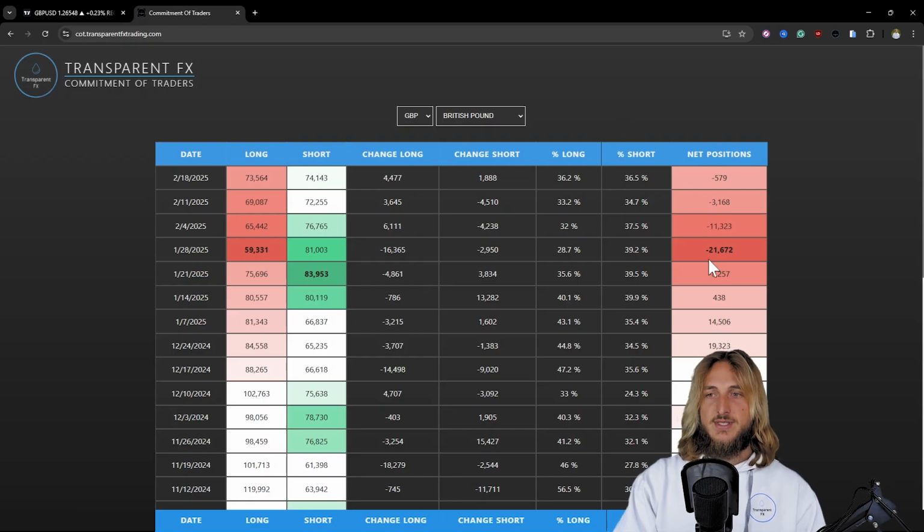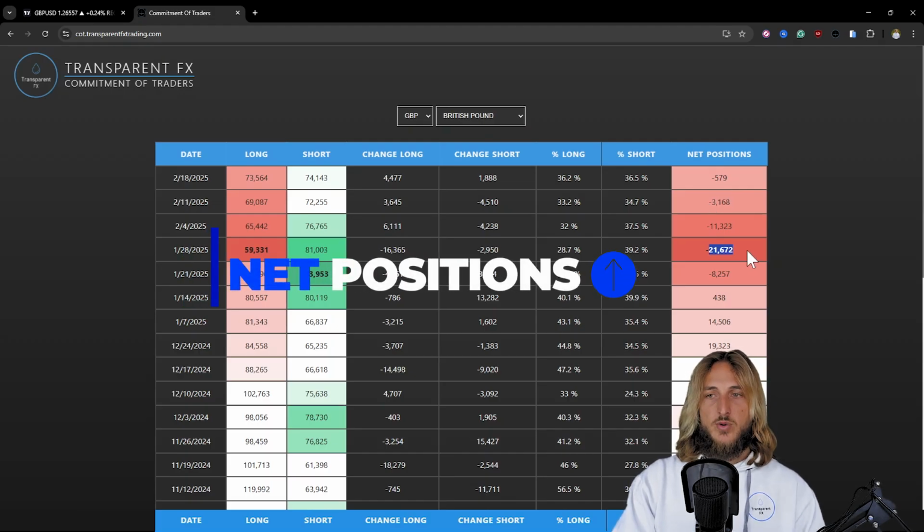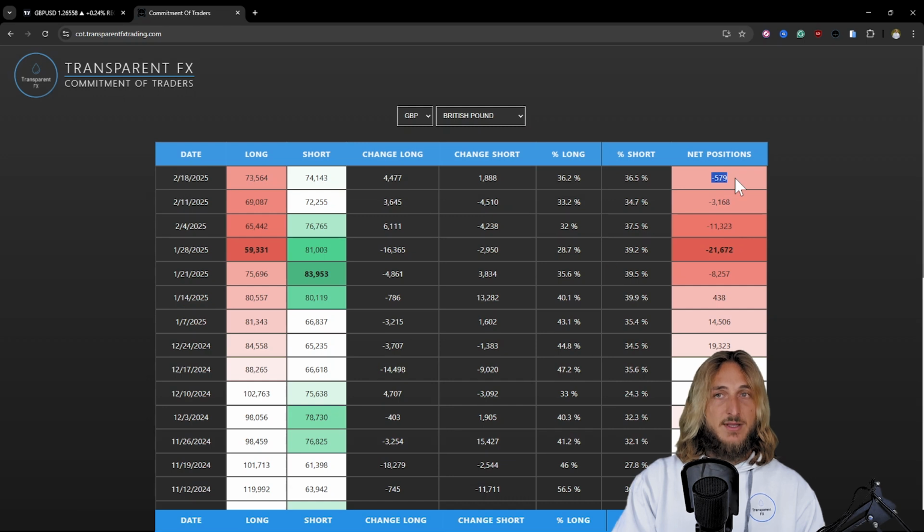And what we can notice is that with the last reports, net positions have clearly been increased. We went from having minus 21.6k net positions up to minus 579 net positions.